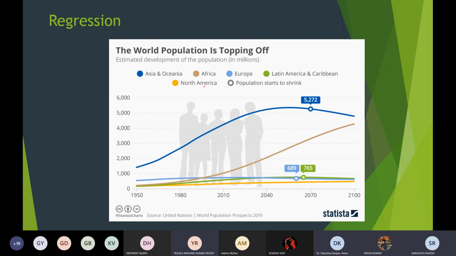But in the case of Africa we can see the population growth is gradually increasing, and the future estimated figures also show that it will keep increasing gradually until 2100. And for other continents we can see that it has saturated over time, and it declines.